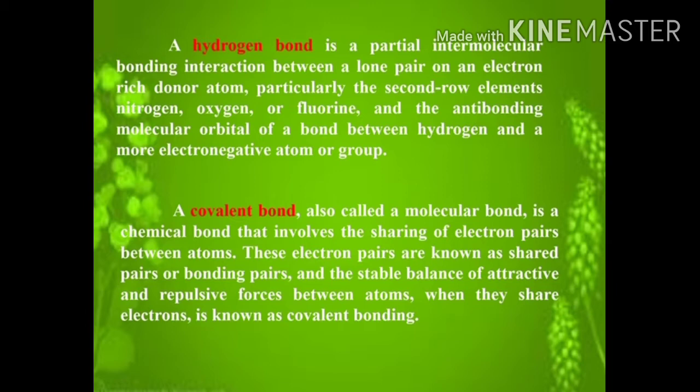That means a hydrogen bond is formed between a highly electropositive hydrogen atom and highly electronegative atoms in the periodic table like nitrogen, oxygen or fluorine.